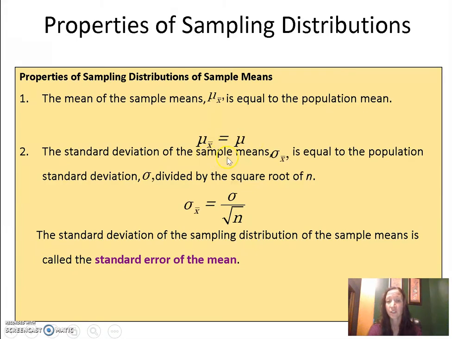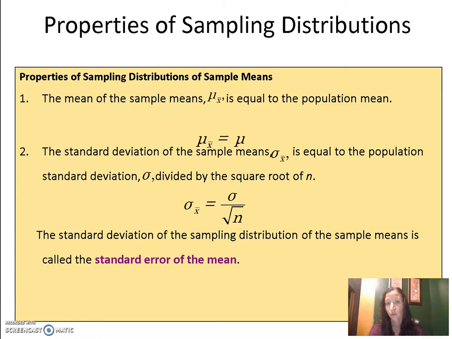But the standard deviation of the sample mean, sigma sub x bar, is also referred to as the standard error of the mean, and it is found by taking the standard deviation of the population divided by the square root of the sample size. So please get your pencil and paper and take note of this.